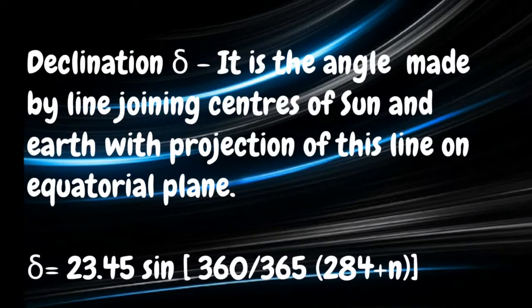Here is the formula for calculation of declination delta: delta is equal to 23.45 sine of (360 by 365) times (284 plus n), where n is the day of the year.